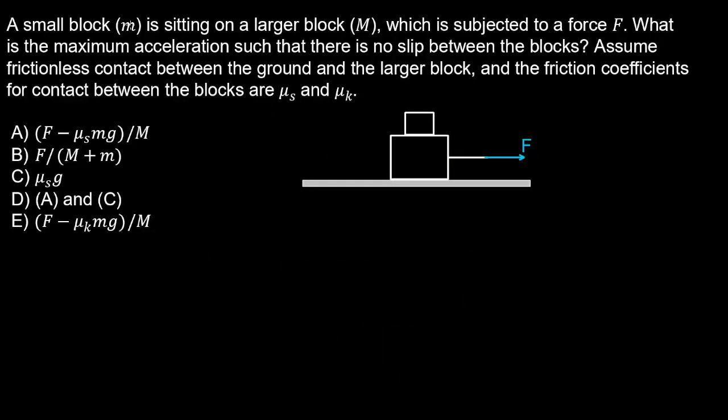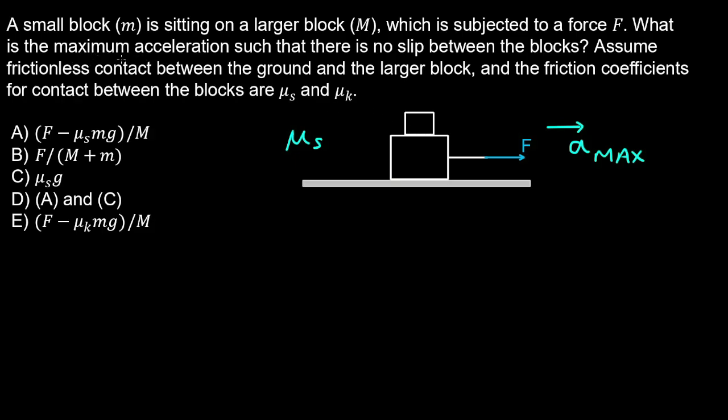A small block with mass m is sitting on a larger block with mass capital M and subjected to a force. What is the maximum acceleration such that there's no slip between the blocks? So no slip means we're looking at static friction, such that there's no relative motion between the blocks.